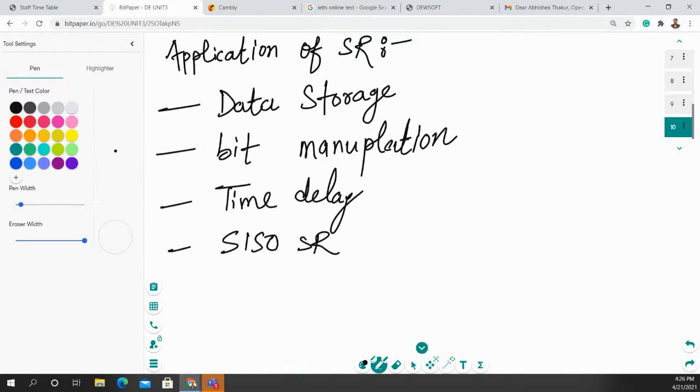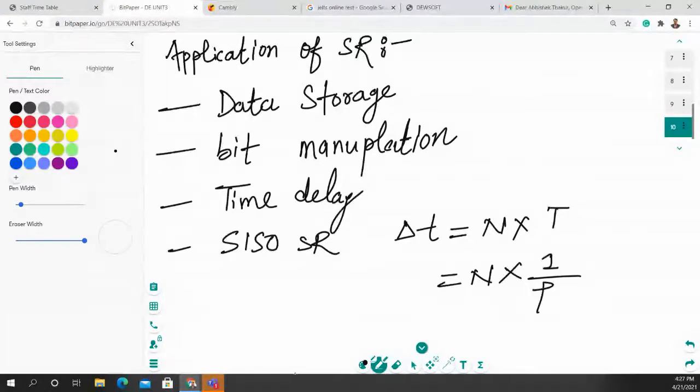You can represent this time delay by delta t, and delta t is equal to n into t. What is t? T is equal to 1 upon f. So 1 upon f is your t. T is the time period.